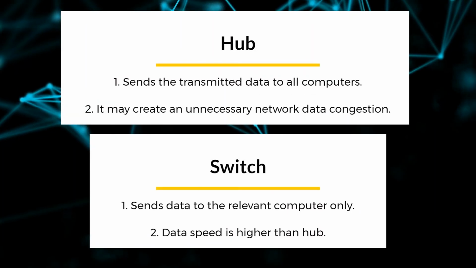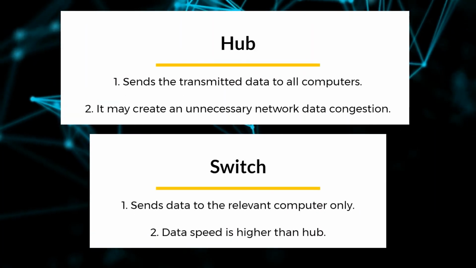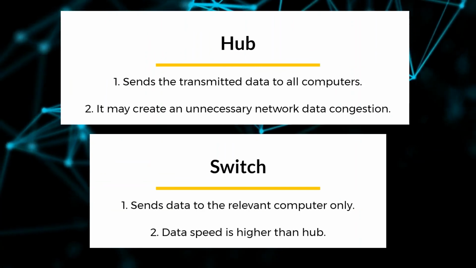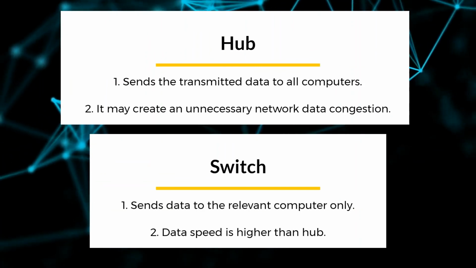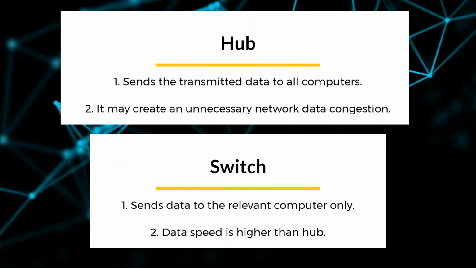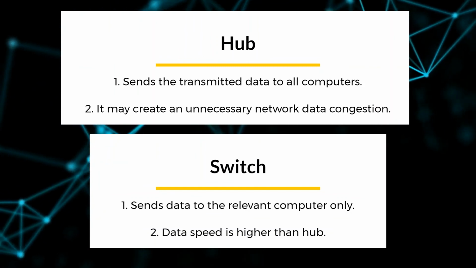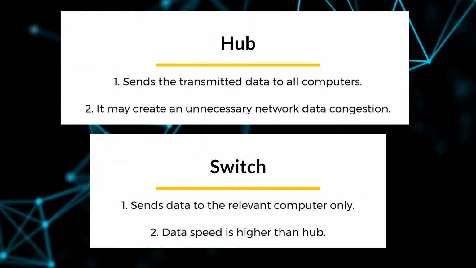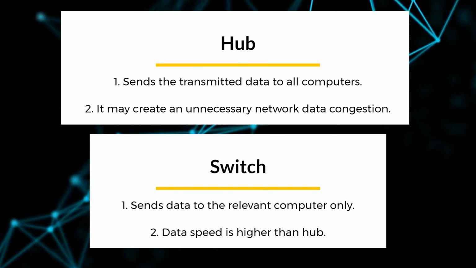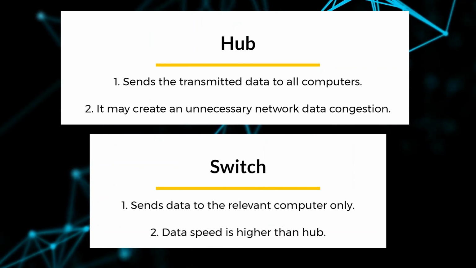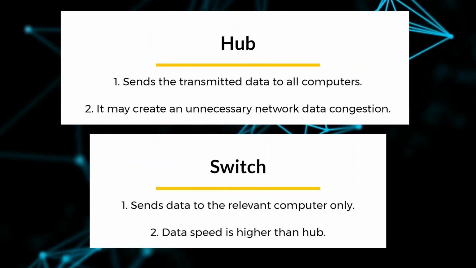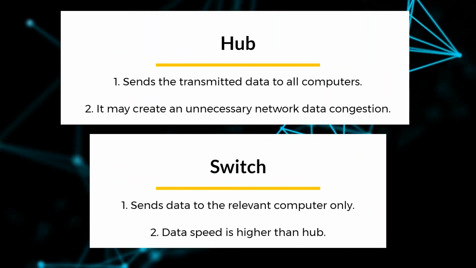Hub sends the transmitted data to all computers, and because of that, it may create unnecessary network data congestion. But switch sends data to the relevant computer only, and data speed is higher than the hub.